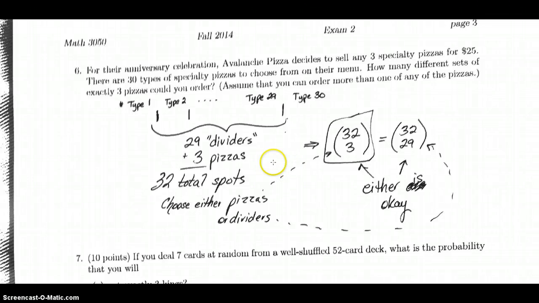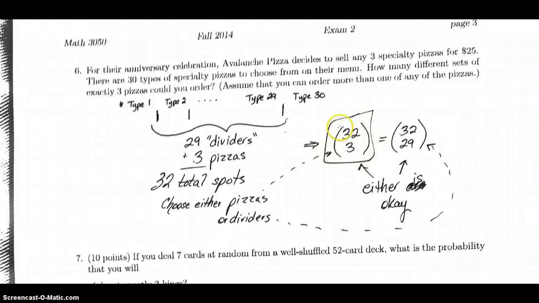Notice it would not be 30 times 30 times 30. The reason being, if you're saying that, that would make pepperoni sausage different than sausage pepperoni. Because order doesn't matter to us, it's not like the first pizza is different than the second or the third.